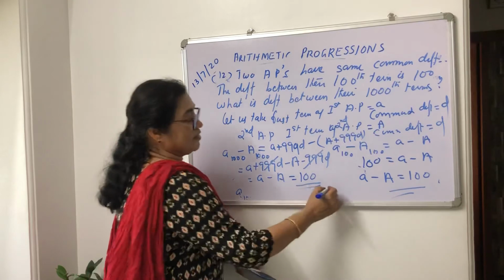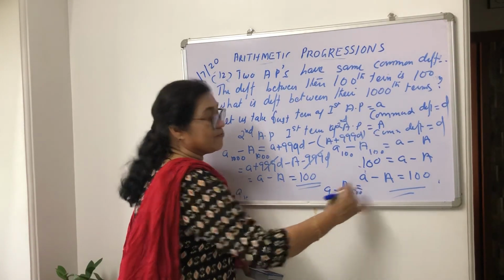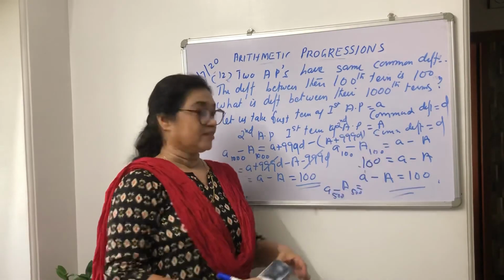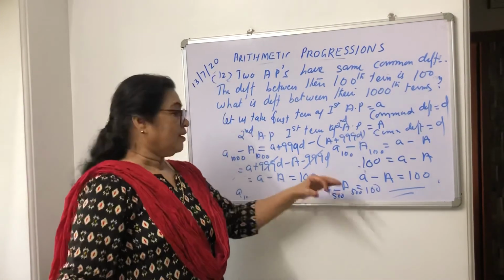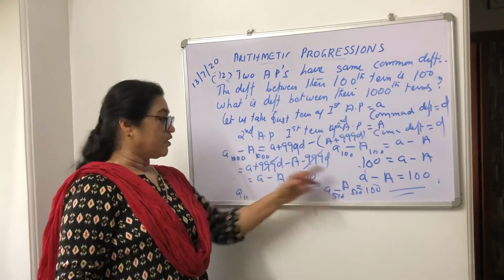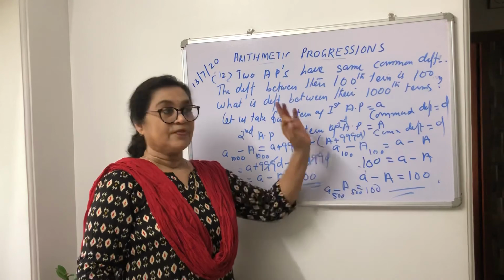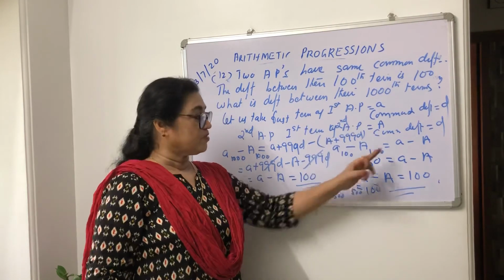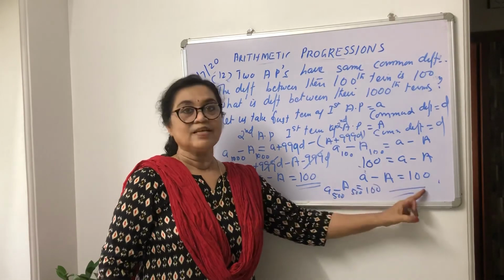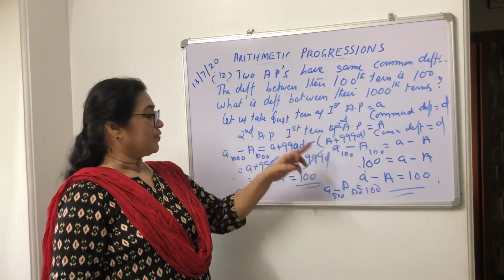When you take the difference between the 500th terms, that also is the difference between the first terms, which is 100. If you take the 2000th term, the difference is also 100, because the difference will always be the difference between the first terms. I hope all of you understood.